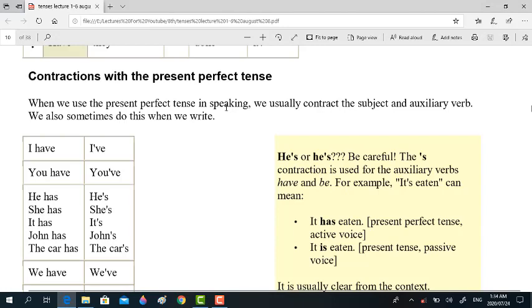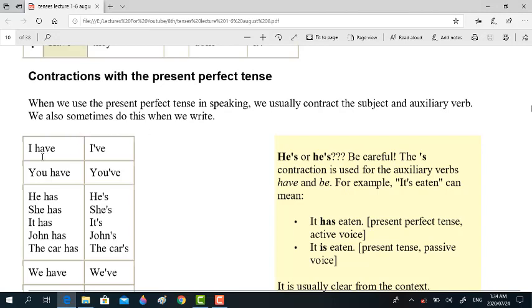Speaking is considered to be colloquial or informal. Okay, you need not be very much bothered about formality while speaking. So in speaking, we usually contract the subject and auxiliary verb, right? Contract means shorten. We also sometimes do this when we write.